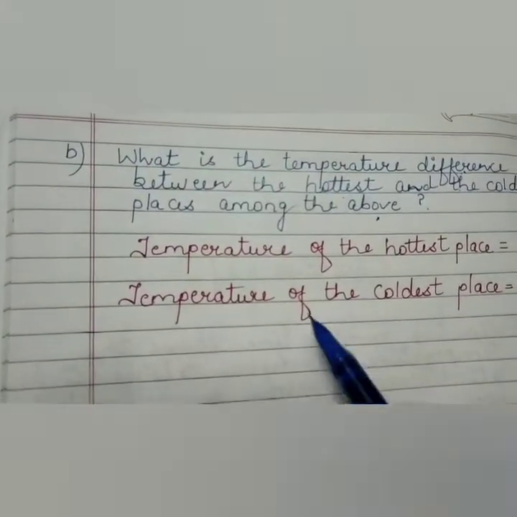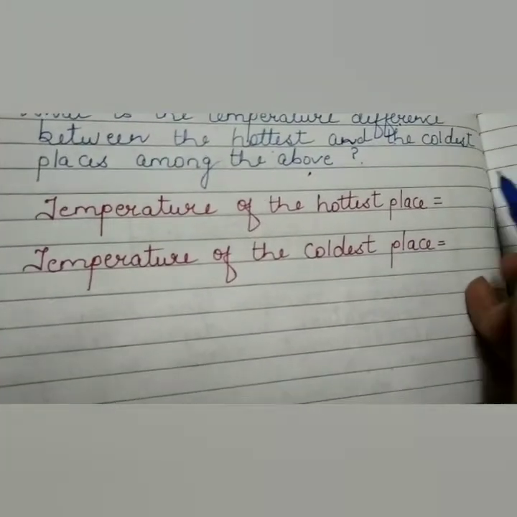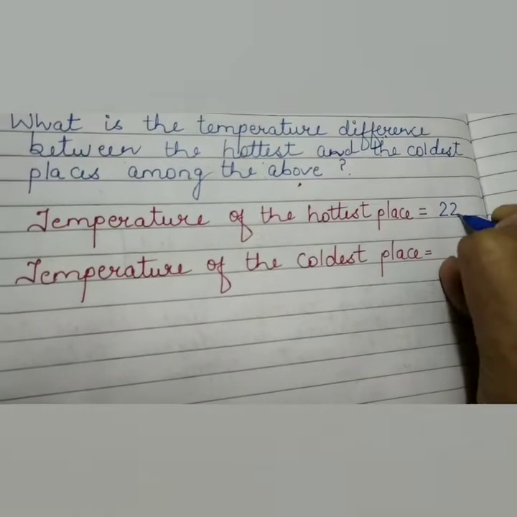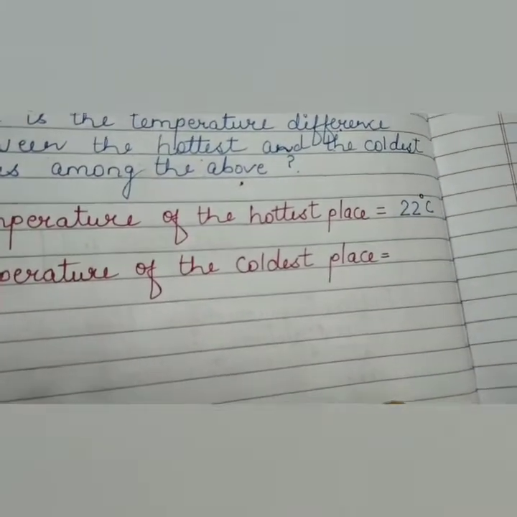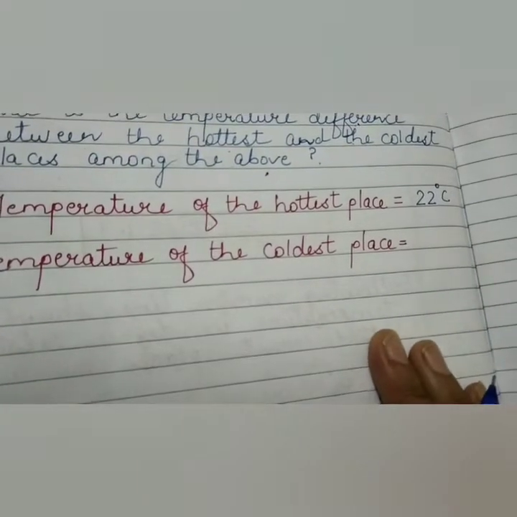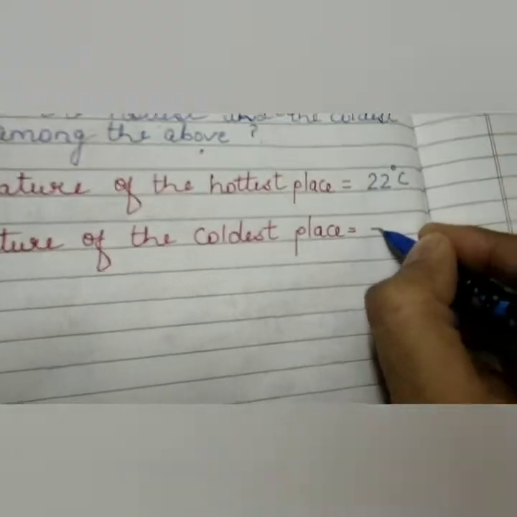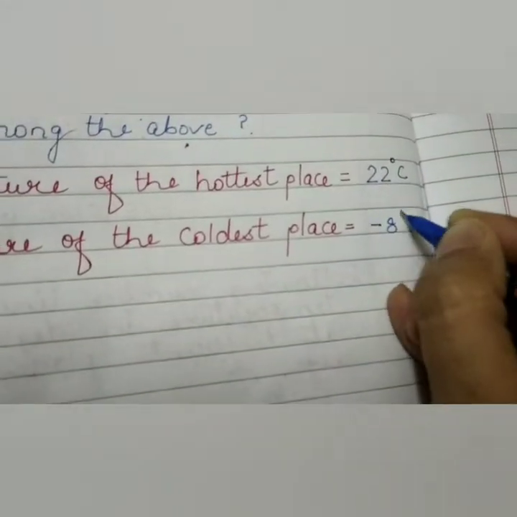Students, now we have to write the temperature of the hottest place, that is Bangalore. So the temperature is 22 degrees Celsius and the temperature of the coldest place, Lahore Spiti, is minus 8 degrees Celsius.